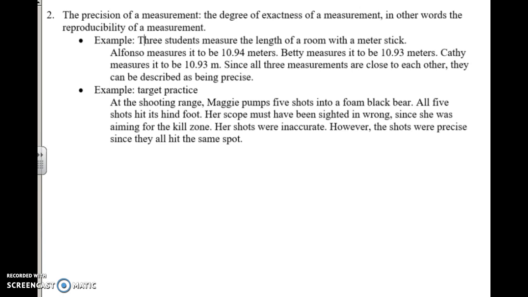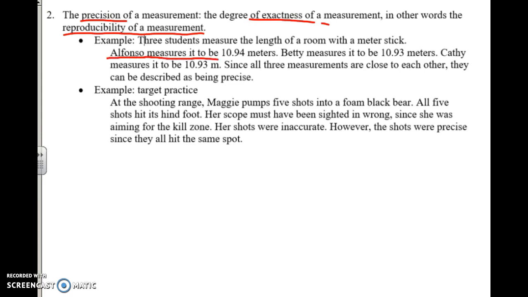Going next, we have the word precision. Precision is the degree of exactness of a measurement, or how reproducible a measurement is. If you can reproduce a piece of data over and over again, you have a very exact piece of data. So we have three students, and they measure the room with a meter stick.